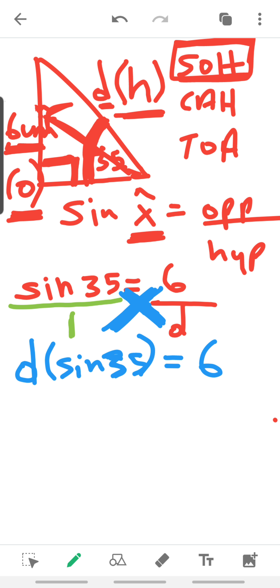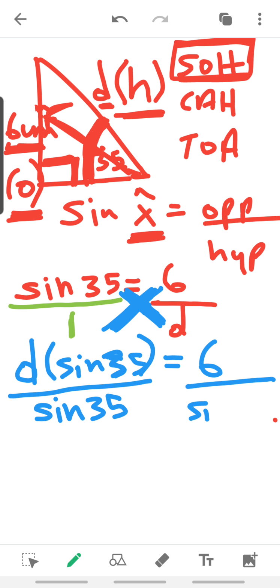So now if we have d times something or something times d, and we want to get rid of that number that's next to the d, because remember, we're trying to solve for d. So all we're going to do is divide both sides by sine 35. And when we do that, we can actually cancel this out, okay?